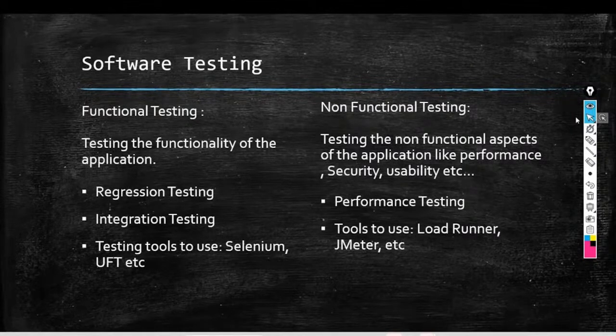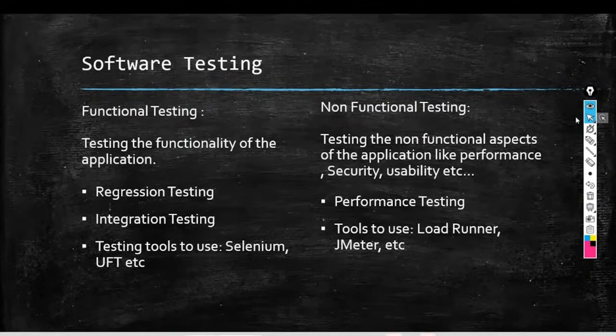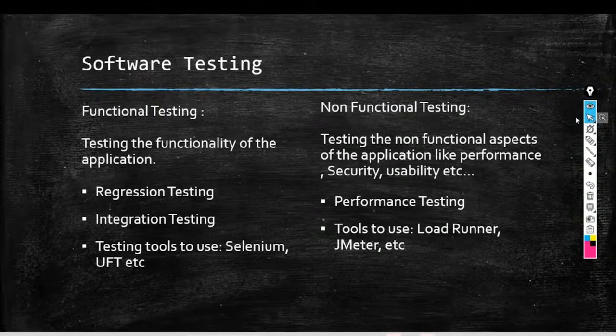That means it should go to the third floor. When you press the three button, you are checking the functionality, whether it is going to the third floor or not. When you press 3 and it is going to the third floor, how much time it is taking to go to the third floor is all about checking the performance of it. I mean, how fast it is going to the third floor.